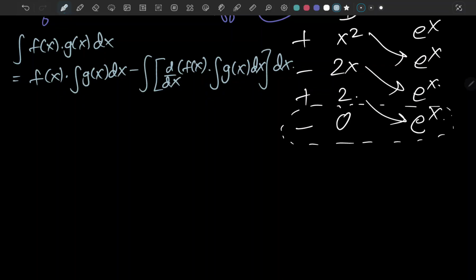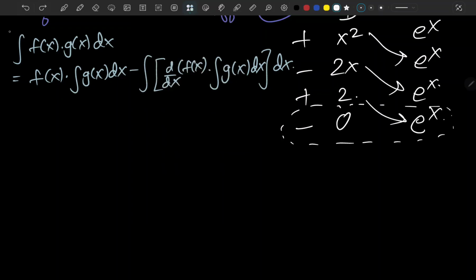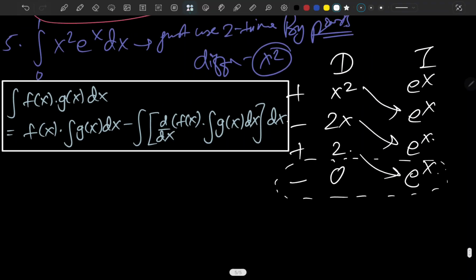It's a quite good result, and in exams you have to use this formula only, but in solving daily problems you can use the famous DI method. That is really convenient.